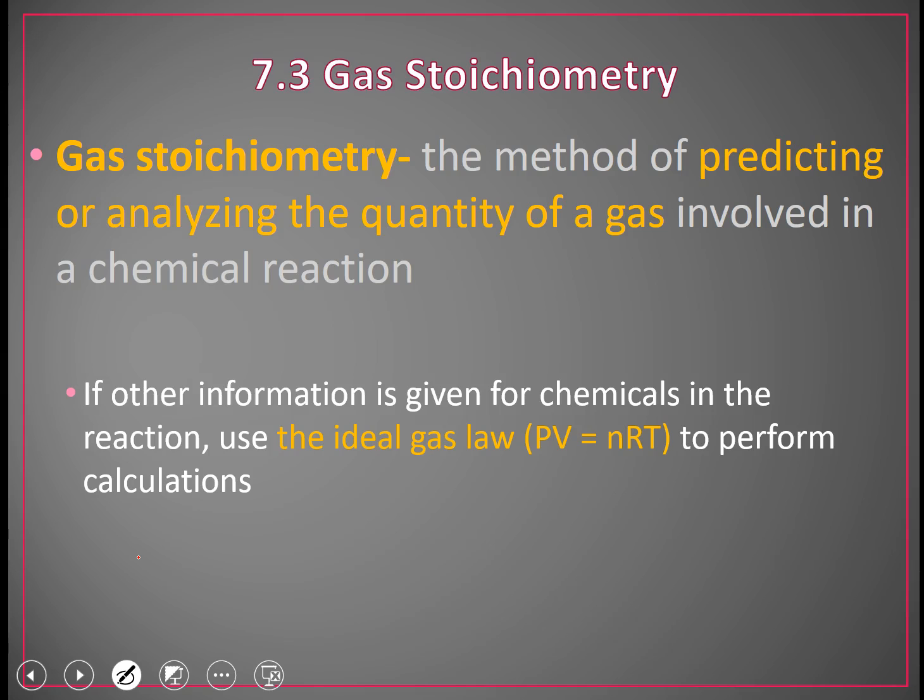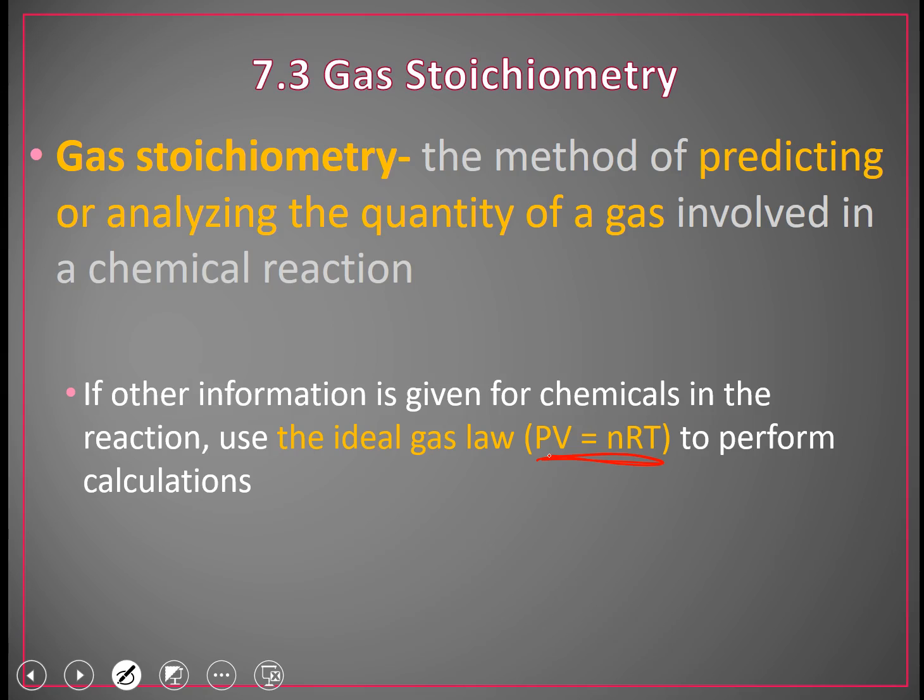So we're using the ideal gas law to perform calculations, in conjunction with PV equals nRT. Even in the gas law unit, I used what formula? I could say that if oxygen weighs 25 grams, I can still ask you to figure out the volume at SATP.